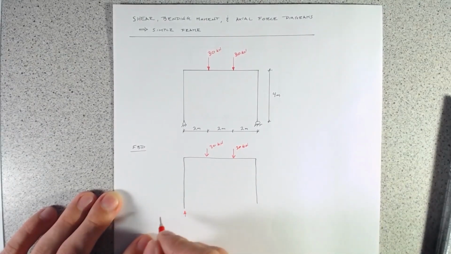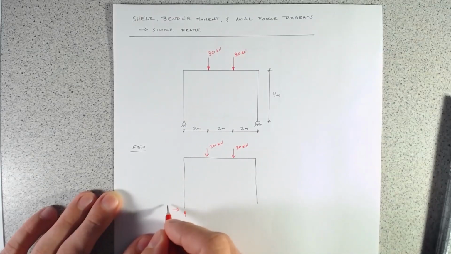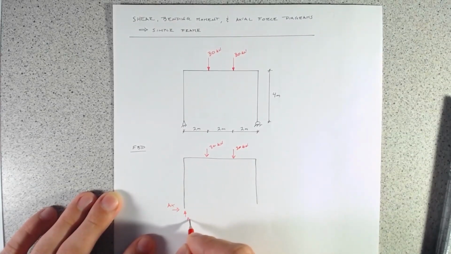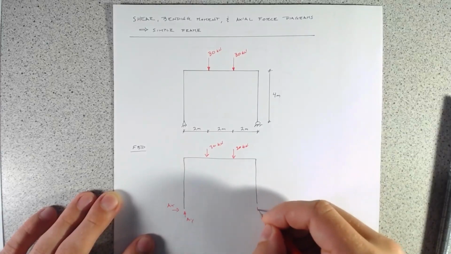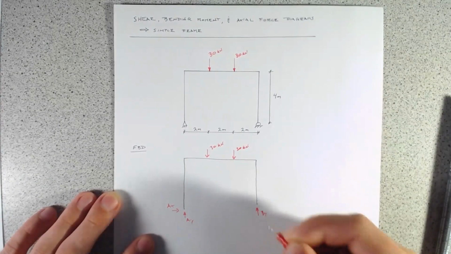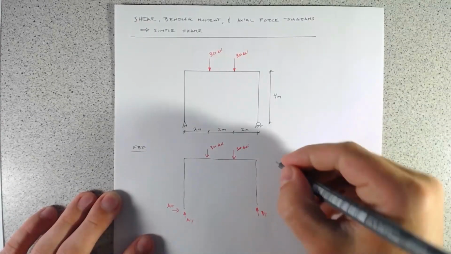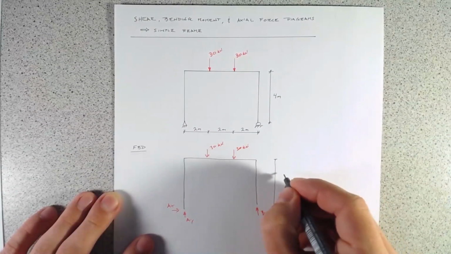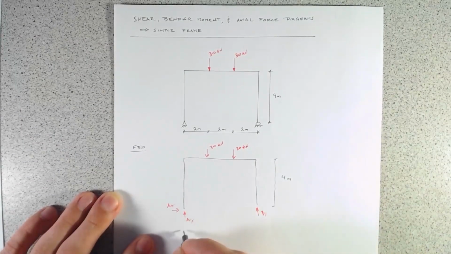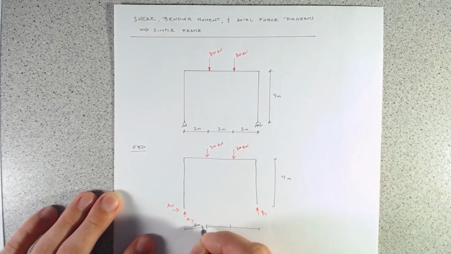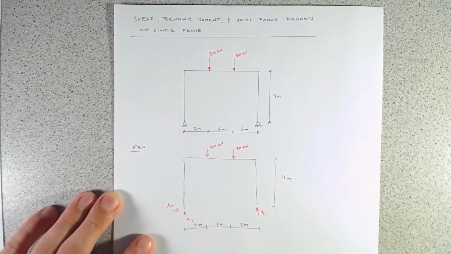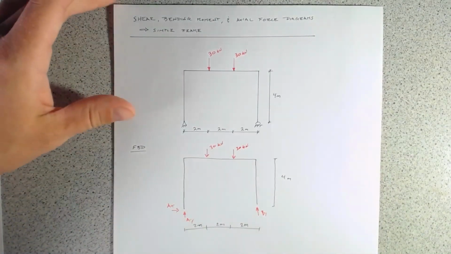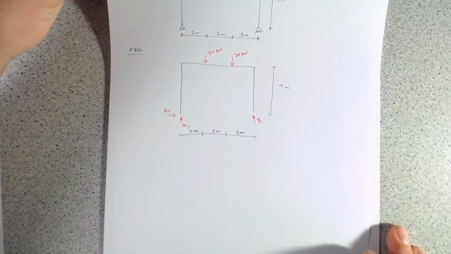We'll call this side A, so we'll have AX and AY, and we'll call this side BY, and no free body diagram is complete without some dimensions, so that's 4 meters tall, and we have 2 meters and 2 meters.